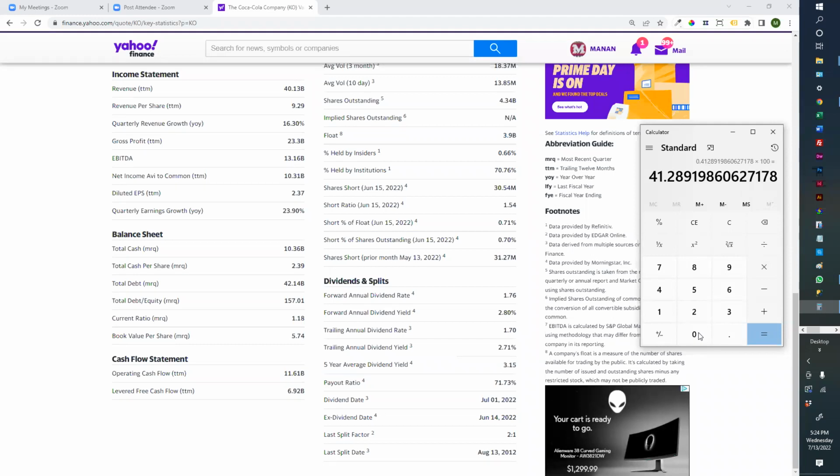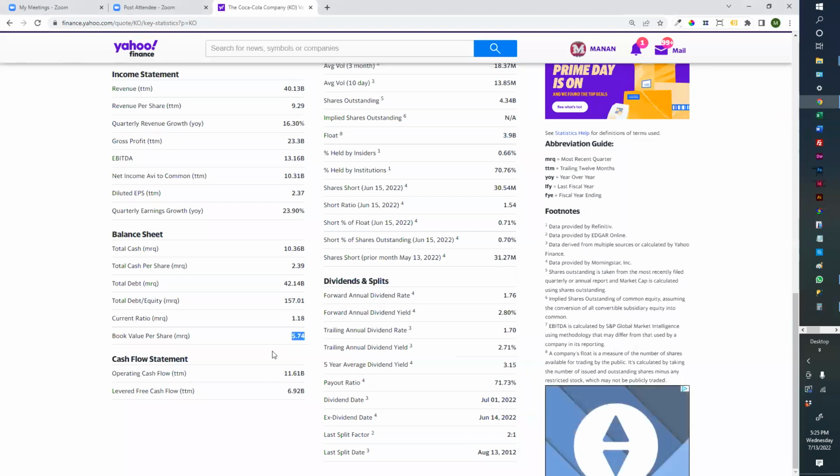You will see very few businesses earning high return on equity. Once the business starts to earn high return on equity, people are going to pay more for price to book. So for example, here, people are paying about 13 times the book value of Coca-Cola. Why are they paying 13 times?